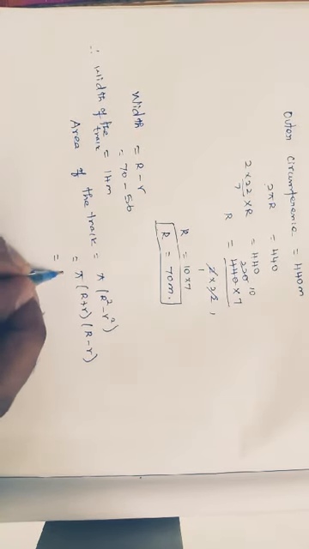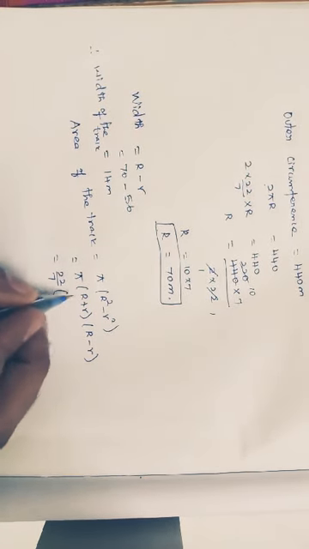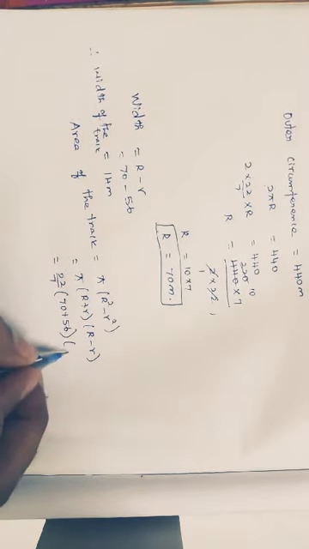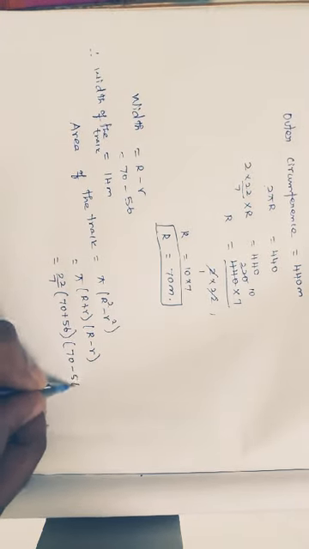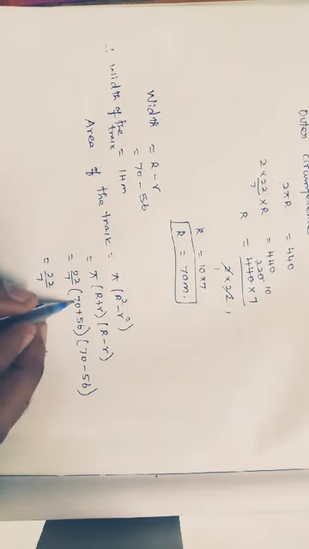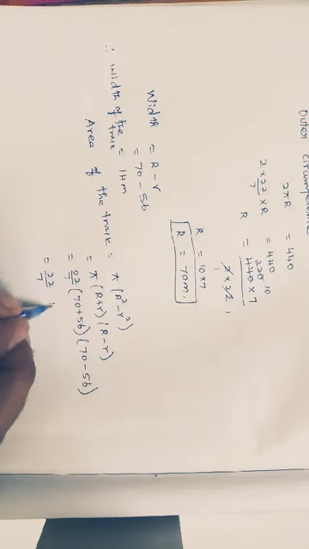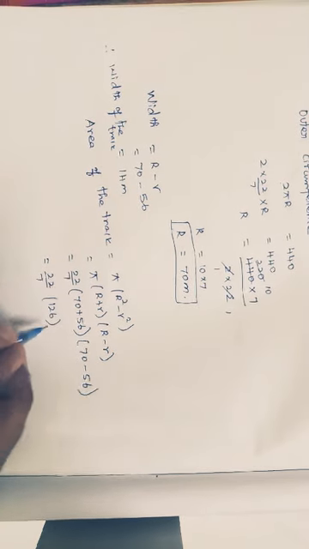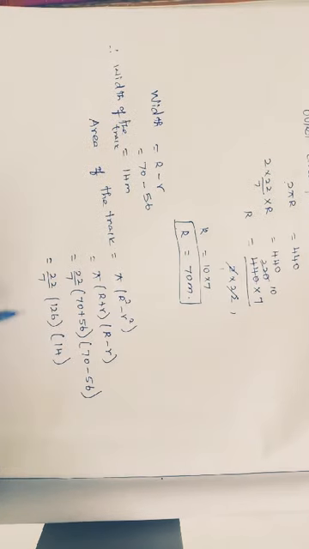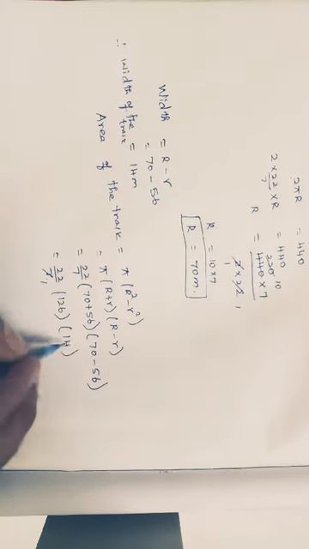So substitute the values: 22 by 7 into capital R 70 plus 56 into 70 minus 56 is equal to 22 by 7 into 70 plus 56 which is 126, into 70 minus 56 which is 14, right? Simplify. 7 1s are 7, 7 2s are 14.